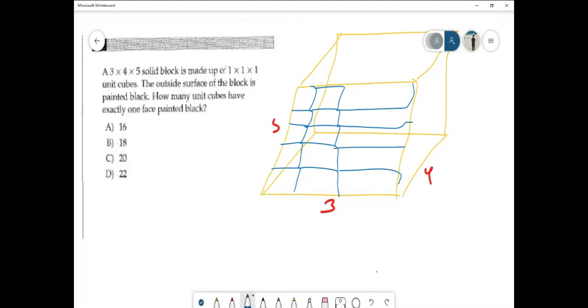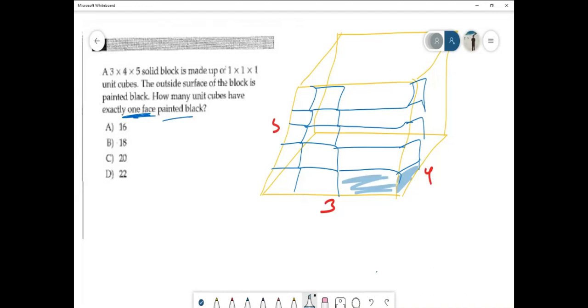Teacher, other than counting like that, can't we just find the area of each square or rectangle? You can, of course. But here the question is a bit different. I'm just trying to show you. The question says, how many unit cubes have exactly one face painted?